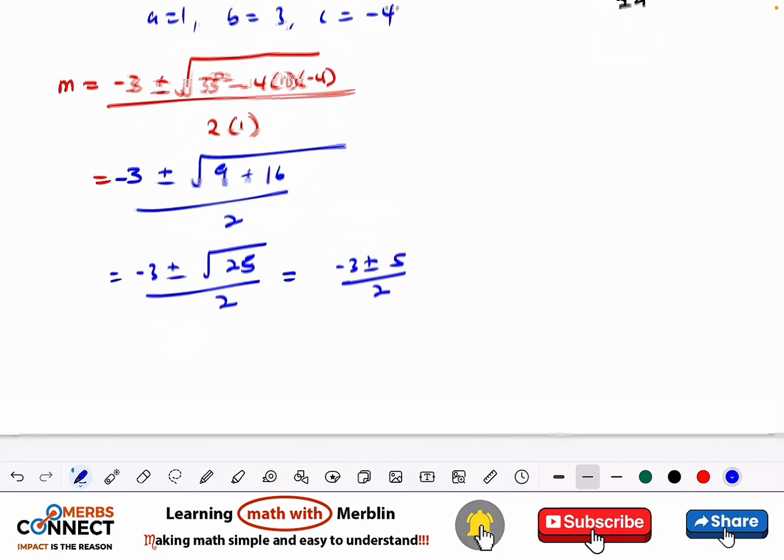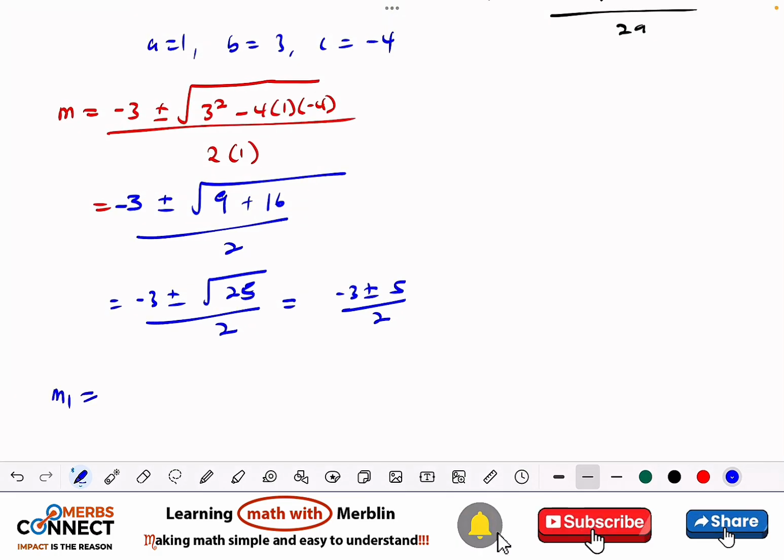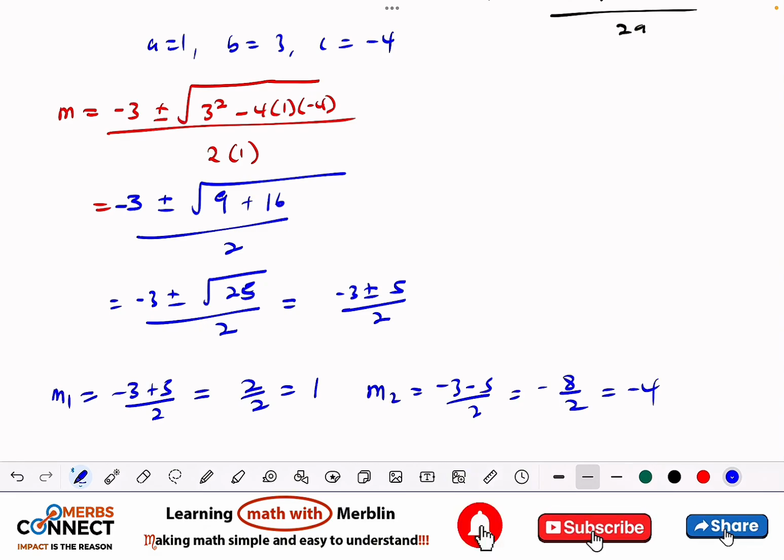So here we can pick m1 to be minus 3 plus 5 divided by 2, which is going to give us 2 divided by 2, and it's 1. And we can pick m2, which is equal to minus 3 minus 5 divided by 2, minus 8 divided by 2, which is equal to minus 4. So we have m1 and m2 to be distinct roots, and they are real.